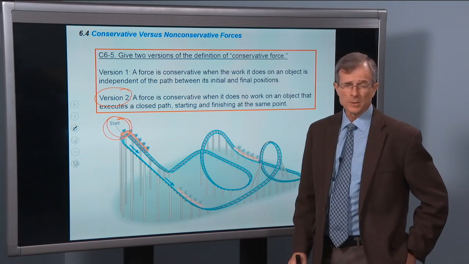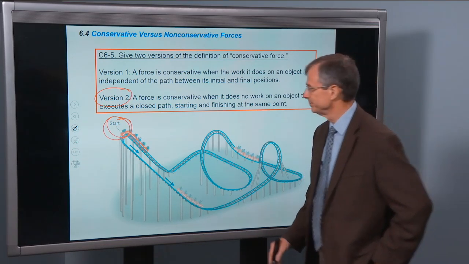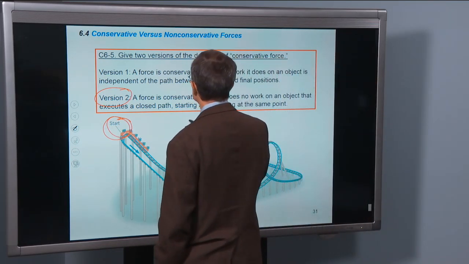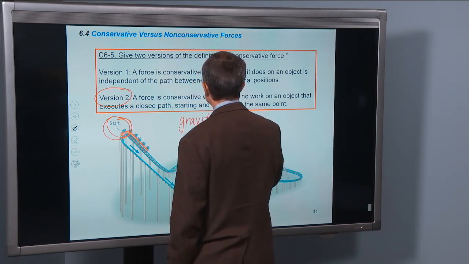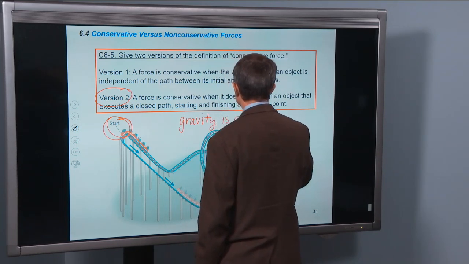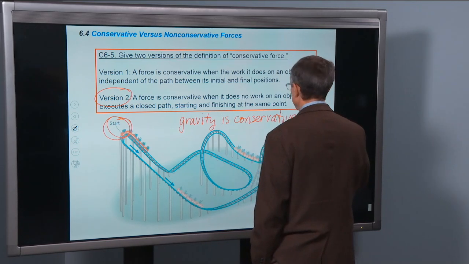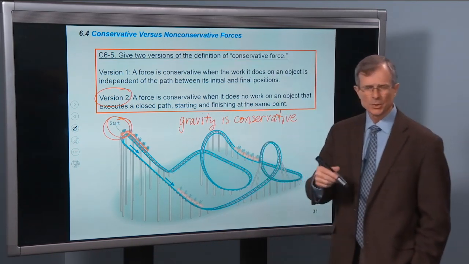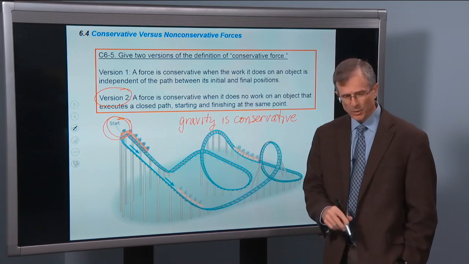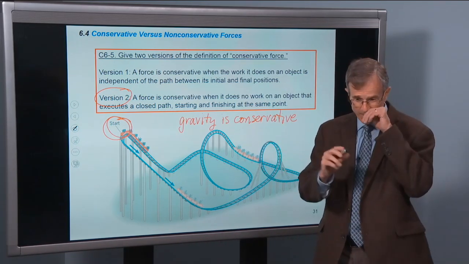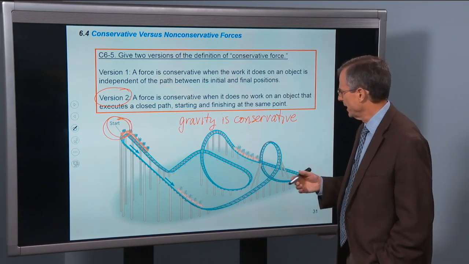Is there such a force? And the answer is yes. Gravity. So gravity is conservative. That is, gravity is a conservative force. It does no work, as we showed in the demo video, that a negative part here and a positive part here, and they cancel each other out.